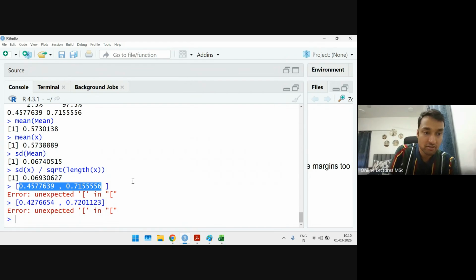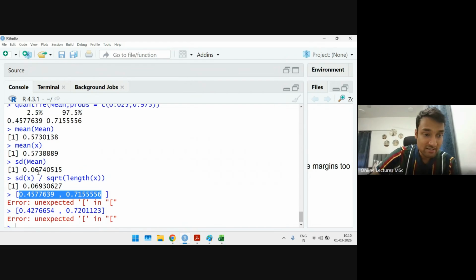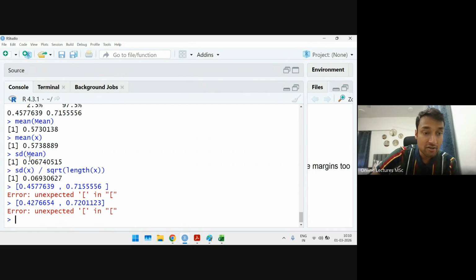Now the answer lies within the standard deviation or the standard error of that quantity. The standard error of bootstrap is about 0.067, while the standard error of your normal distribution is turning out to be 0.069.